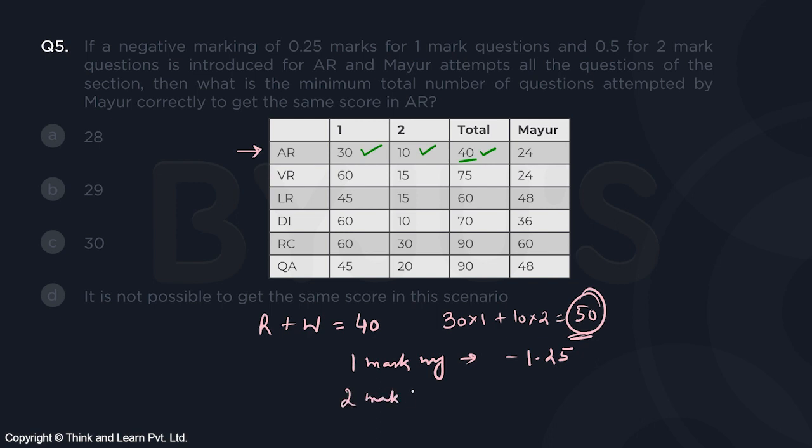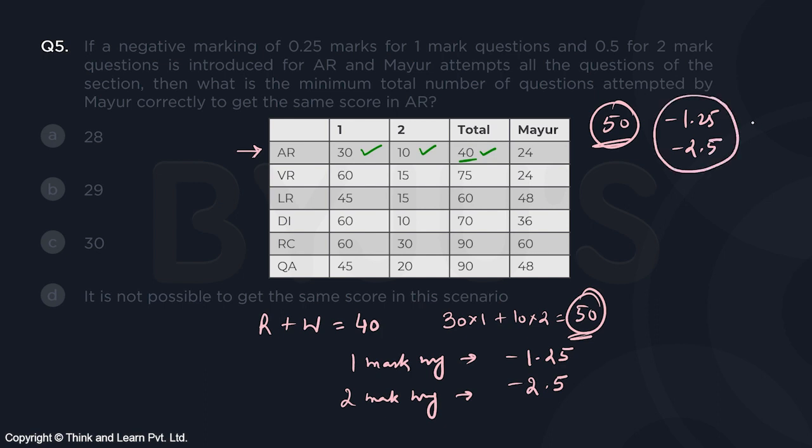Similarly, if he gets a 2 marker wrong, in that case, his score will decrease by 2.5, because he will not get 2 marks for that question, plus 0.5 negative is also there. So ultimately, out of this 50, his score would be decreasing by either 1.25 or 2.5. If you closely look at this, they both are multiples of 1.25.